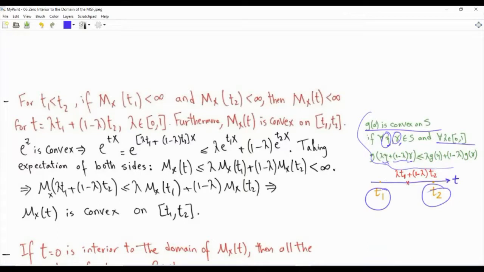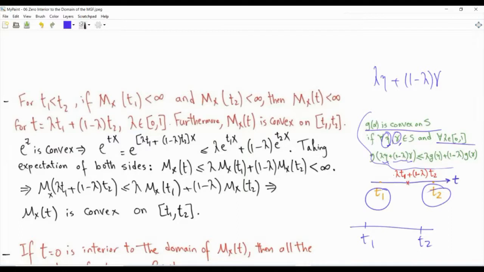Okay. So note this thing. You need to have a good view of what this expression lambda eta plus 1 minus lambda gamma is. Here in our case, we will take lambda t1 plus 1 minus lambda t2. So you have t1, you have t2. Lambda is a parameter from 0 to 1. So what is lambda t1 plus 1 minus lambda t2? It's a point between t1 and t2.